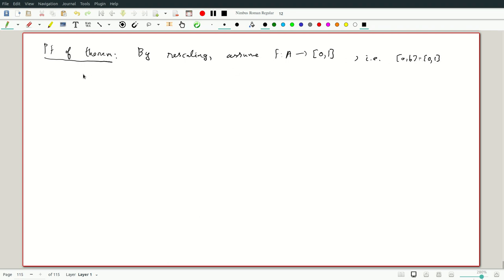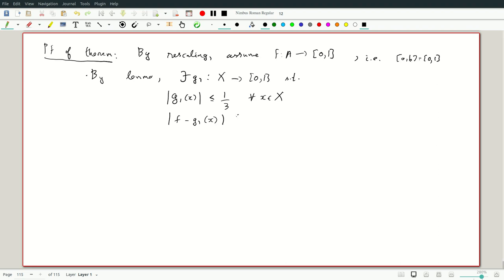So by the lemma, let's just find the first one. There exists G1 mapping now all of X, and it still maps to [0, 1], such that the absolute value of G1 of x is less than or equal to, well, the bound was 1 here, so it's 1/3 for all x in X, and the absolute value of F minus G1 of x, this time on A, is less than or equal to 2/3 for all x in A.